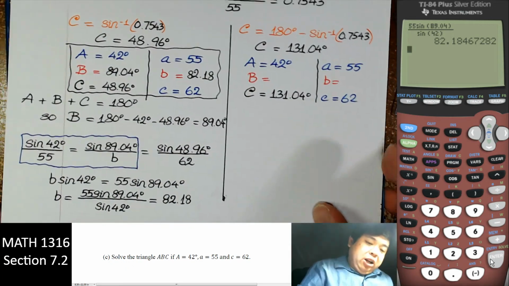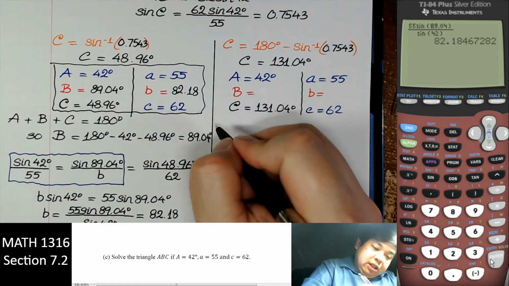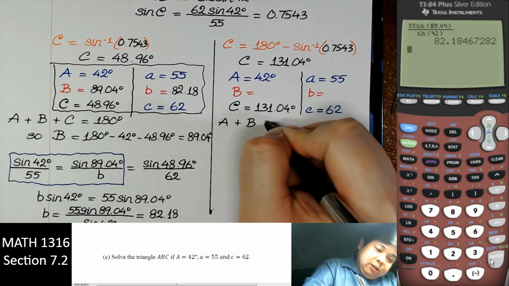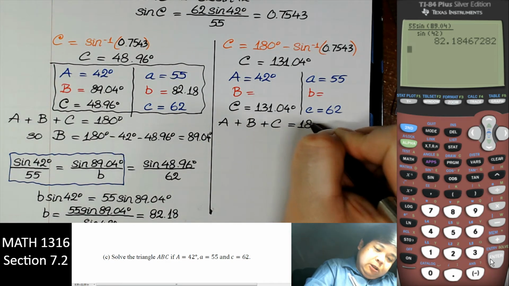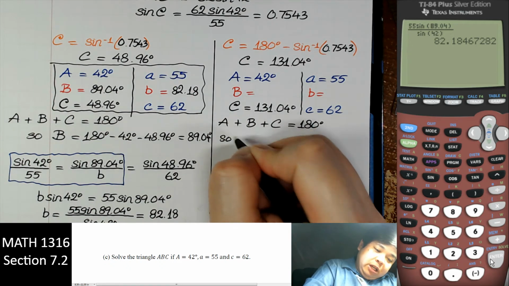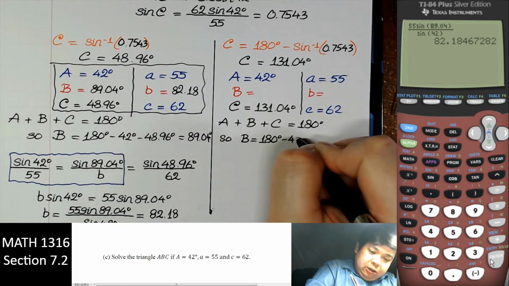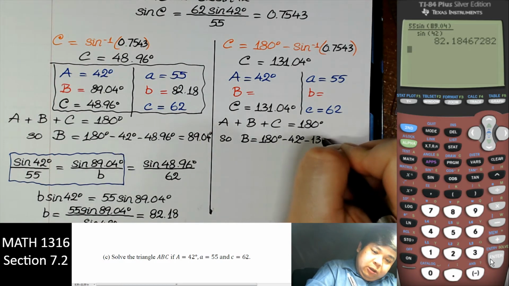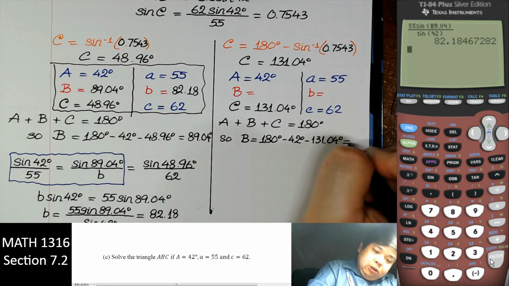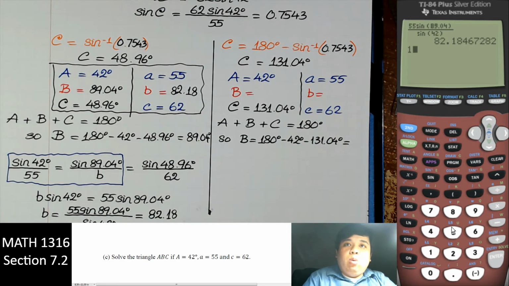Now, back to the other case. A plus B plus C. So we solve for B. 180 minus 42 minus 131.04, 6.96.